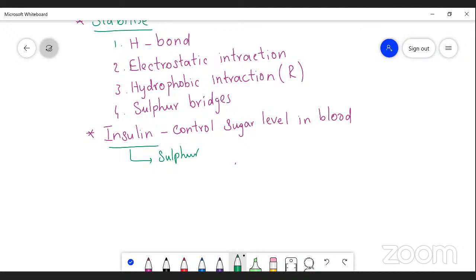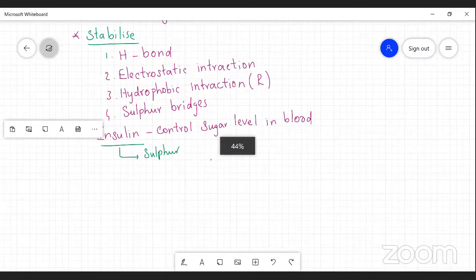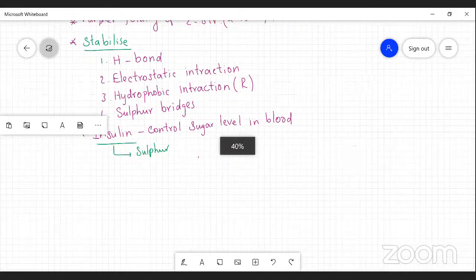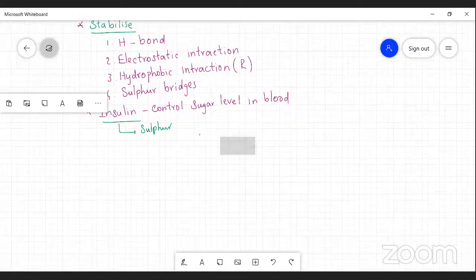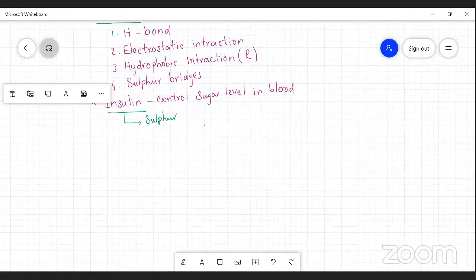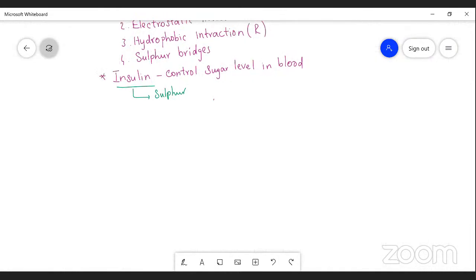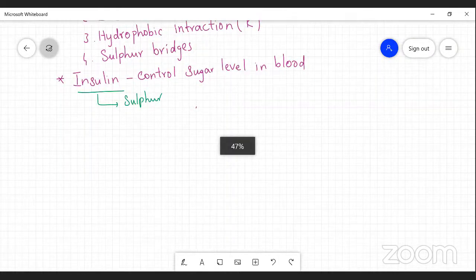Now we are taking the quaternary structure.